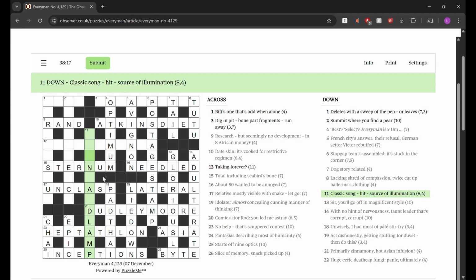Classic song, like a ballad. Still not seeing that one. Okay, come on, we have to get this, surely. I don't know if that is tail, though. Run away.